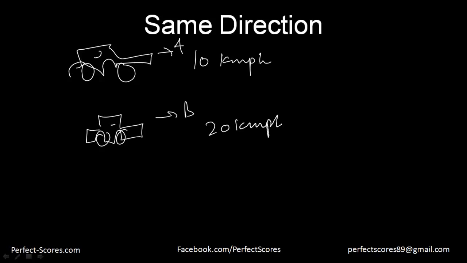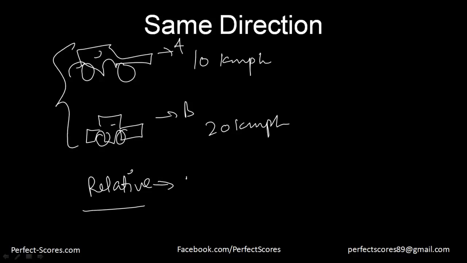What do we mean by relative speed? It is the actual distance that is covered between these two cars in 1 hour. This car covers 20 kilometers per hour, and this car covers 10 kilometers per hour.